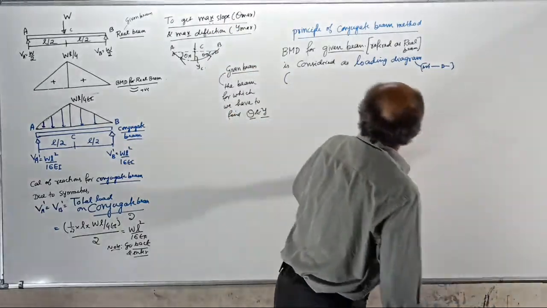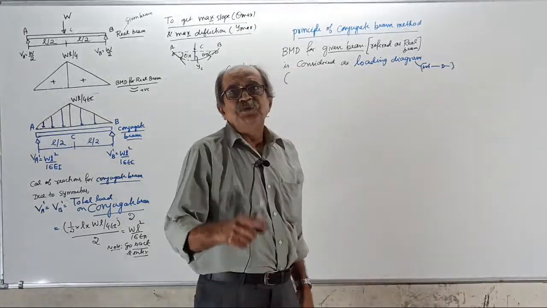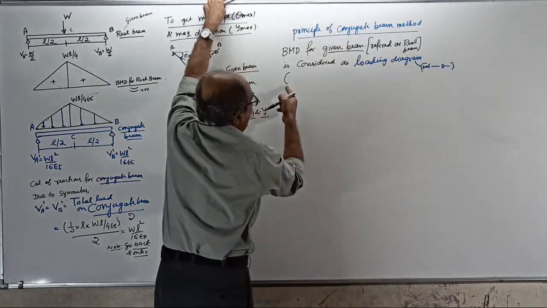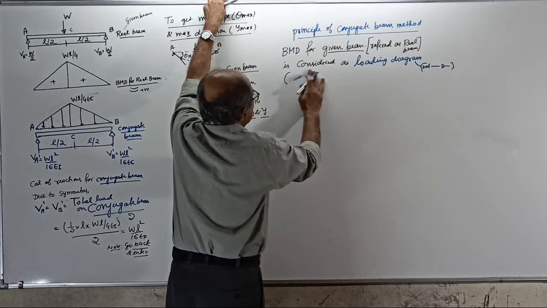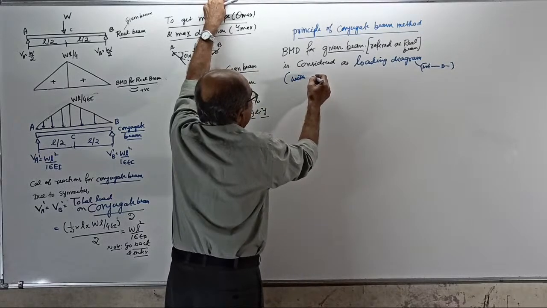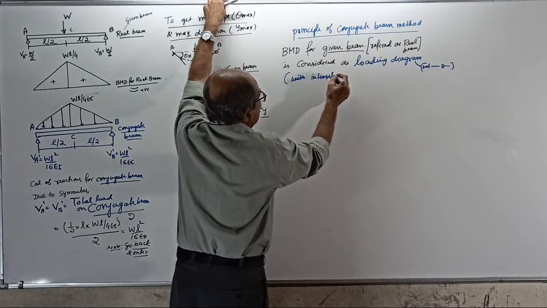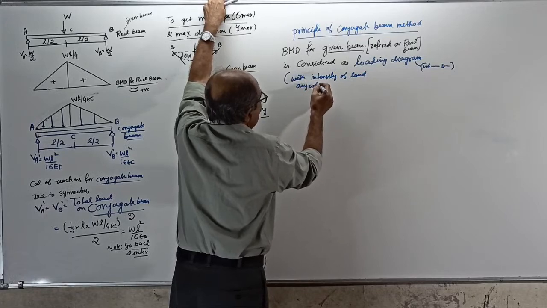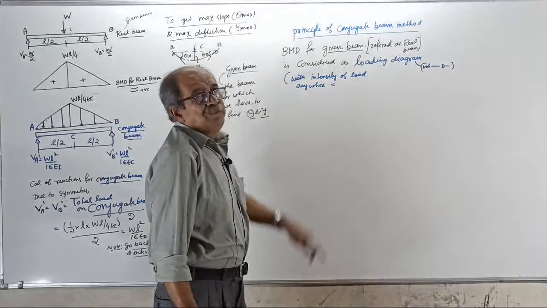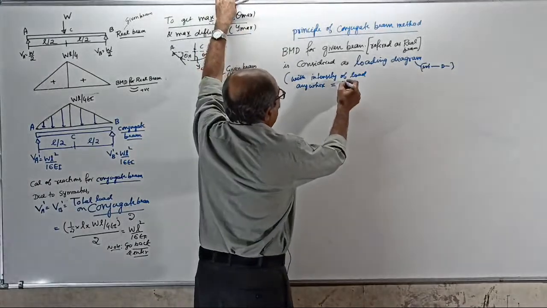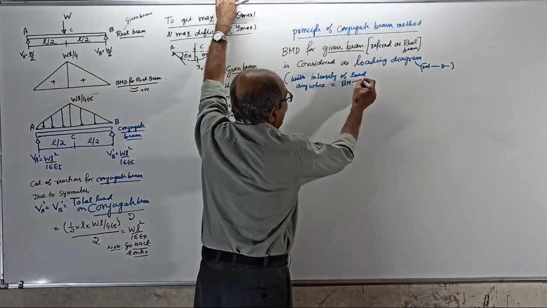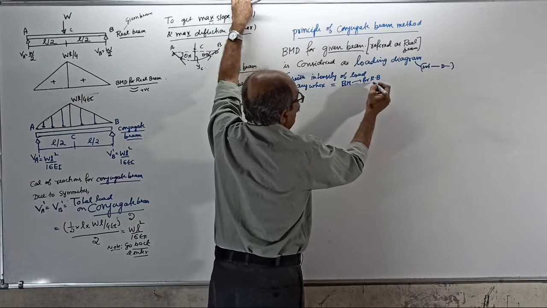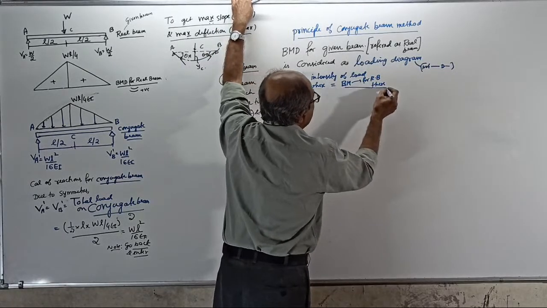So, when you talk about a loading diagram, we have to define intensity. So I write here, "is considered as loading diagram". In the bracket I will write, with intensity of load anywhere equal to BM for real beam, divided by EI.